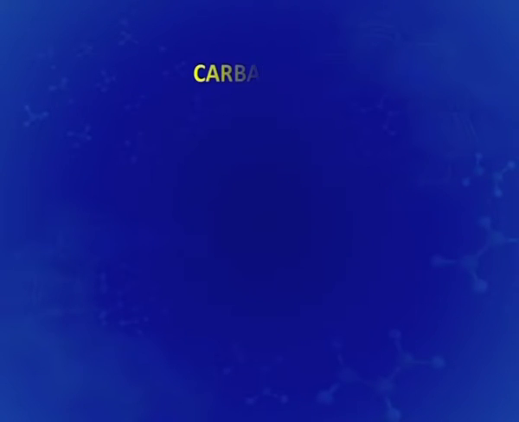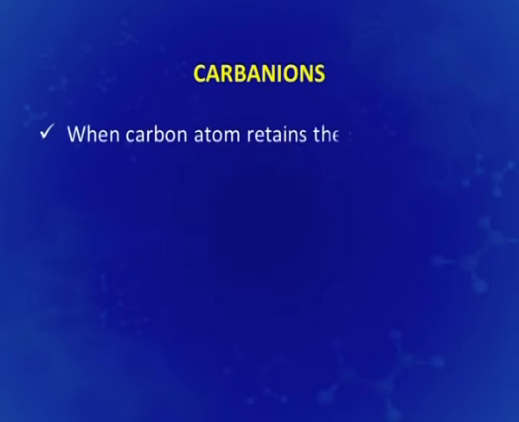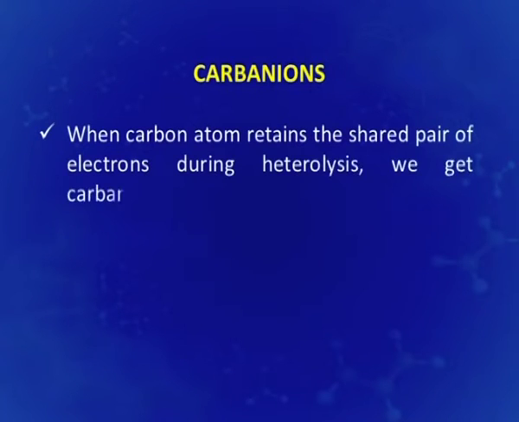The other type of intermediate, that is carbanions. When carbon atom retains the shared pair of electrons during heterolysis, we get carbanions. You will again recall our first episode where we talked about heterolytic cleavage of bonds, wherein carbanions were generated when the shared pair totally went to one of the atoms of a molecule.